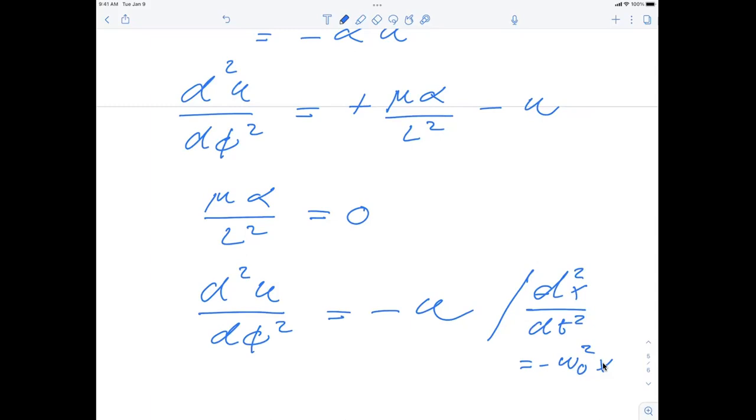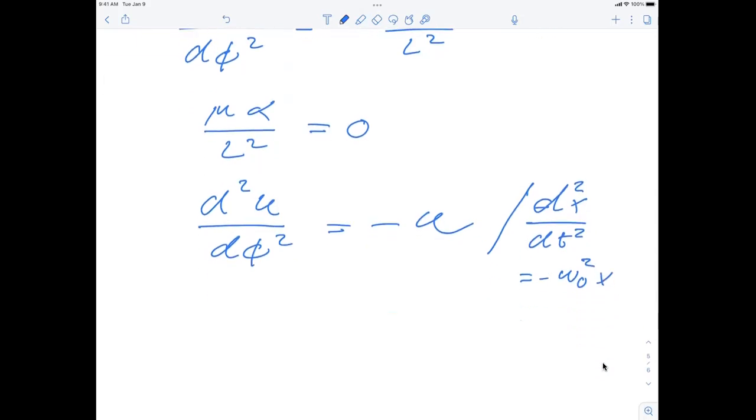Okay, so if we now look at the solution here, we know that this equation for u, when I put these constants equal to 0, is simply given by a constant times cosine of phi plus a new constant d multiplied with sine of phi.